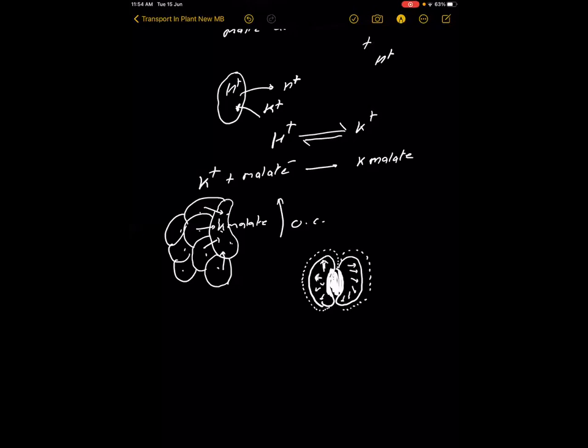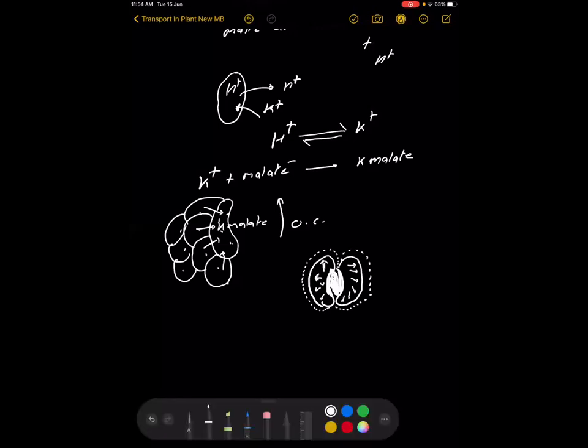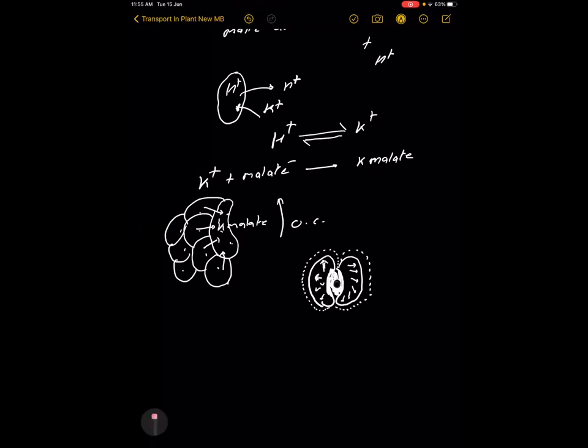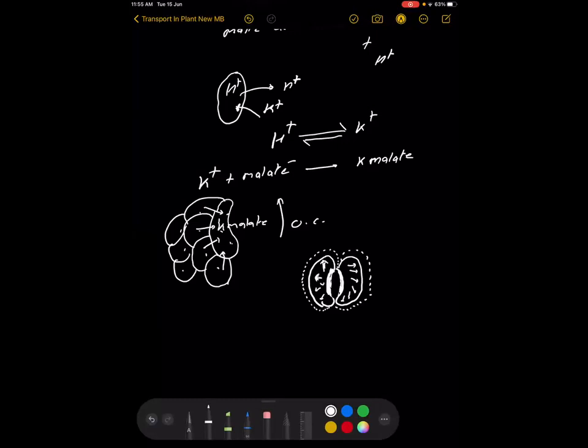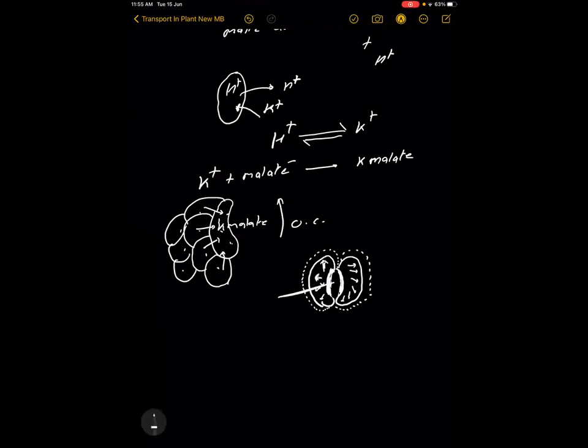Now because of this, the inner wall is also pulled out with the outer membrane. So one opening is created, and this opening is called stomata. So stomata is formed, or you can say stomata is open.